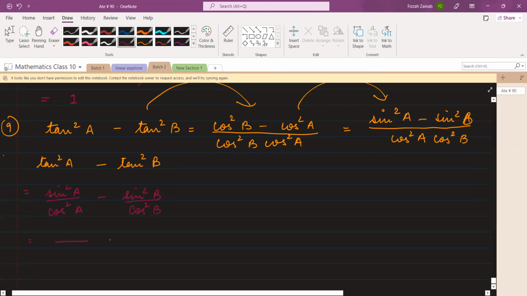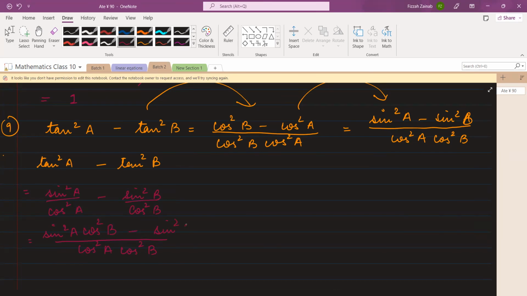You take LCM. So you get cos square A cos square B. Now this will become sine square A, so cos square B is already here, so you get cos square B minus sine square B into cos square A.